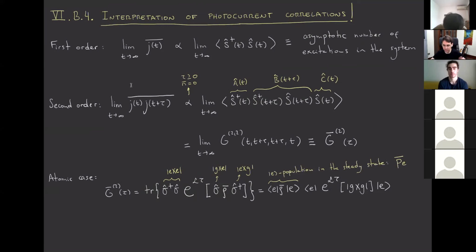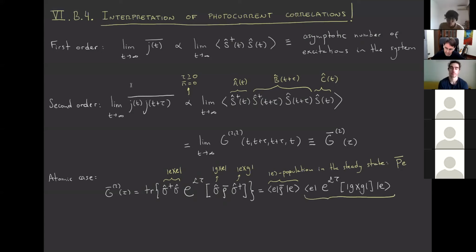So it's just the excited state population that you reach if you have your open system and let it equilibrate. It equilibrates to some state, and in particular to some excited state population, and that's this quantity here. So it's the probability of being in the excited state after you wait for a long time so that the system has relaxed. Okay, and now what about this one in here?